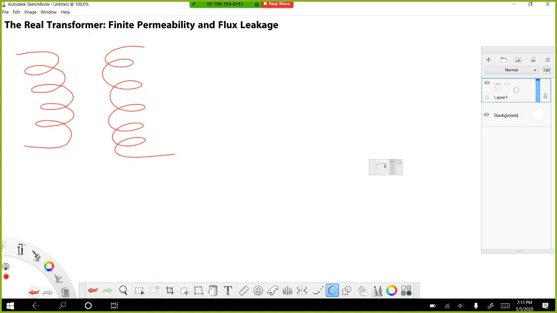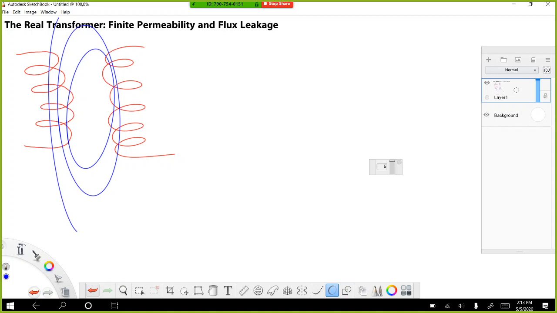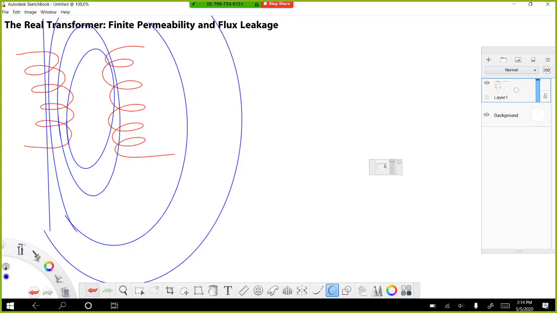In this case, we don't know how much of the flux connects the two coils. The magnetic flux produced by the first coil, for example: some part of it connects the two coils, but the other part flows out of the core and closes somewhere here in the air. It means it does not link the second coil with the first coil.